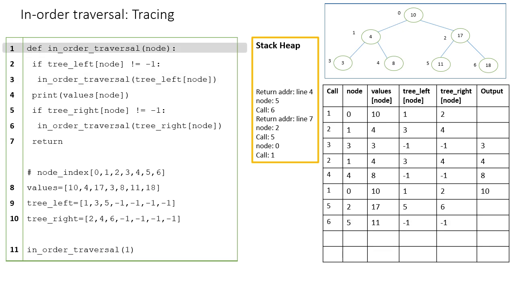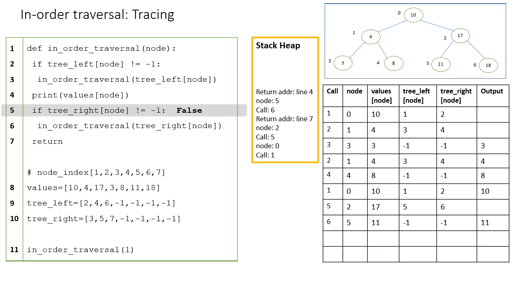Next, within call 6, we check to see if our tree left node doesn't equal -1, which is now false. We go to line 4, we output the value here, which is 11. We check to see if our tree right node doesn't equal -1.